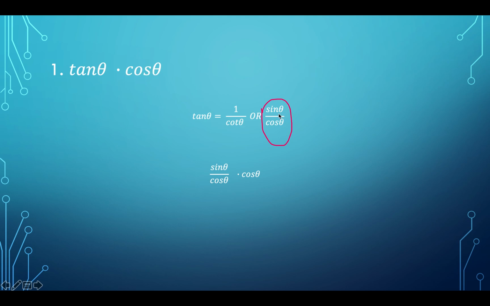So I'm going to use sine of theta over cos of theta, because now I have sine theta over cos theta times cos of theta. Now we multiply, so you can cancel out like terms. This cos and that cos both cancel out, and you're left with sine of theta. So your answer for this problem is sine of theta.